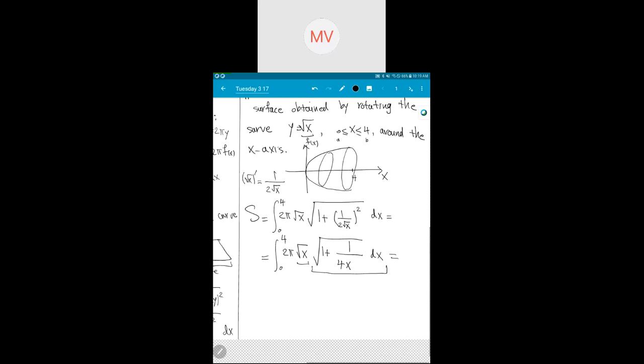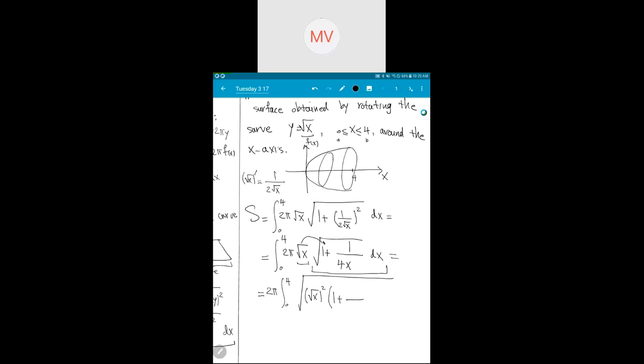Okay. So this is what we're going to do. Pull out the 2 pi, it's constant, 0 to 4. And this root x, push it inside the square root, right? And when it goes inside the square root, it squares, right? So I'm going to send this guy in. If I send it in, you have to square it.